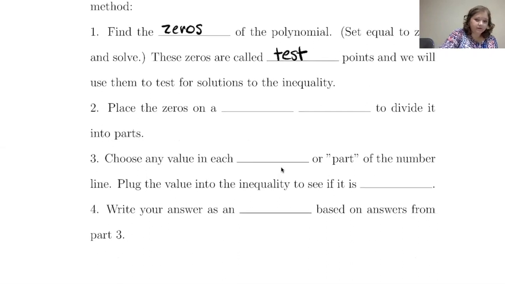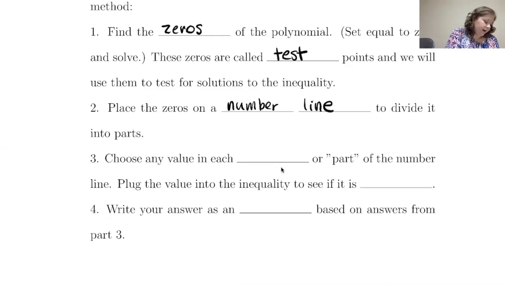In step 2, once you get those test points, you're going to plot them on a number line. And remember, when we do that, they need to be in numerical order. So if you have a -4 and a 3, then the -4 needs to go on the left side and the 3 needs to go on the right, because they need to be in numerical order.